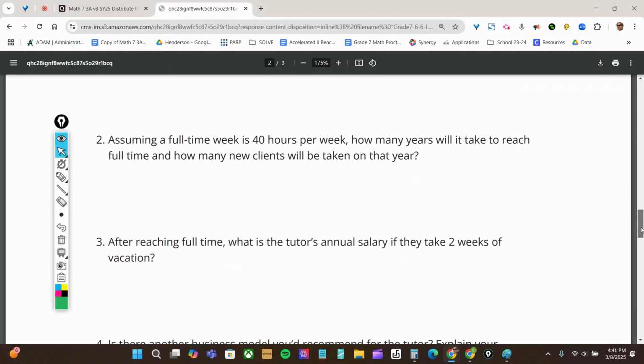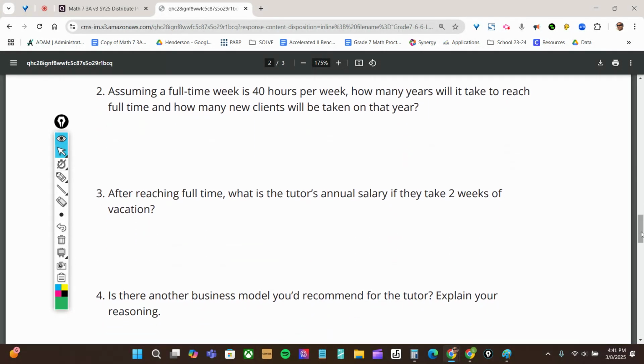Assuming this is a full-time 40-hour week, how many years will it take to reach full-time, and how many clients will be taken on in that year? Well, we already did it because it was 40 hours.